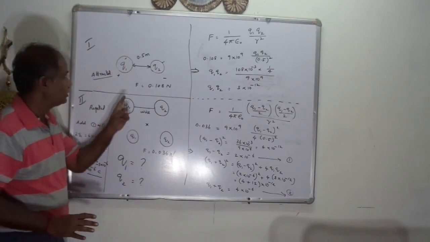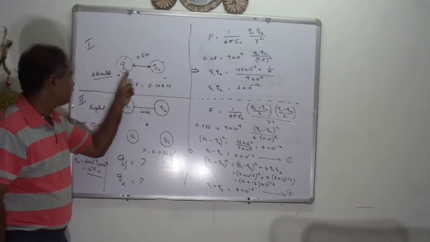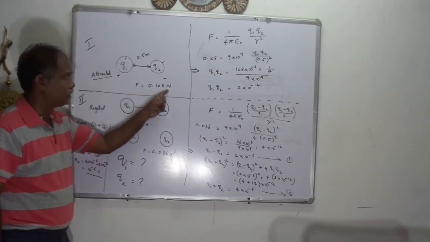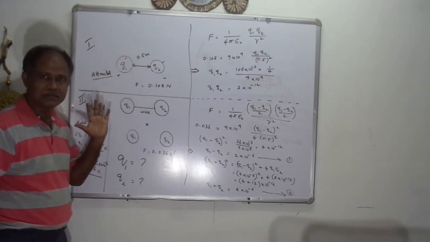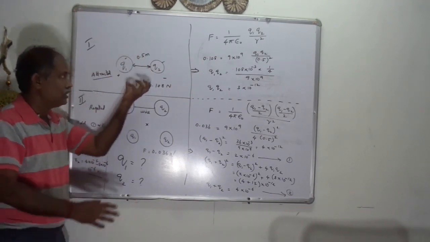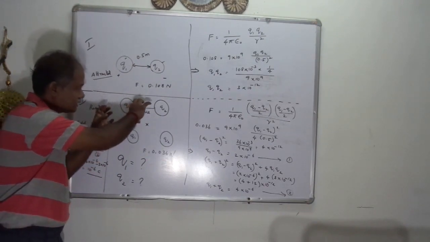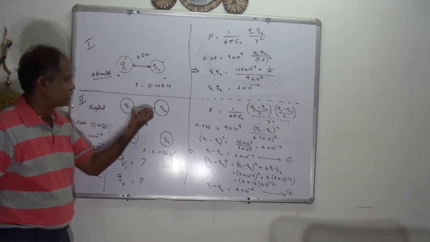There are two charges having an attractive force of 0.108 Newton, separated by a distance of 0.5 meter. Now these two charges are connected by a conducting wire, and that conducting wire is removed. The distance is constant.